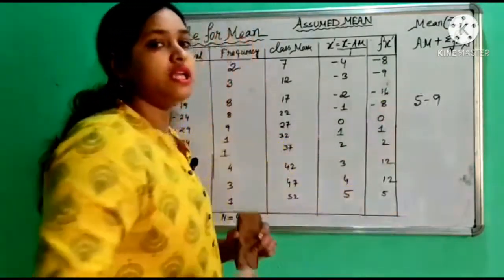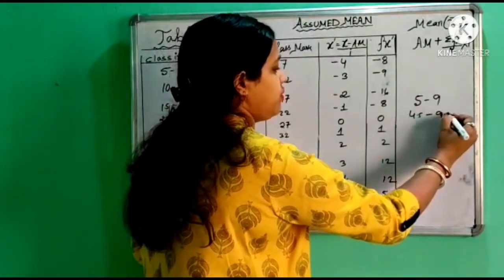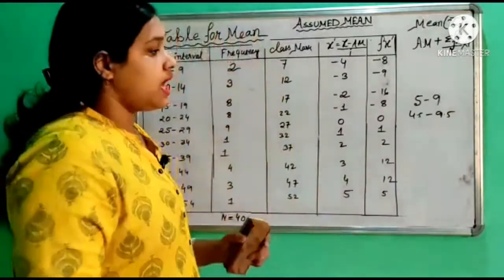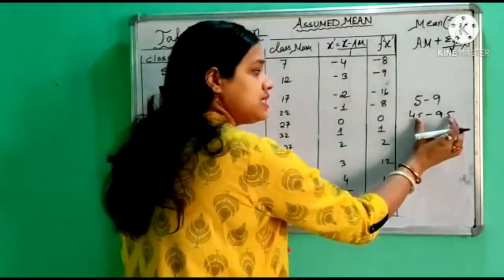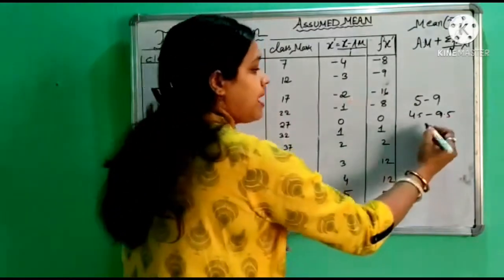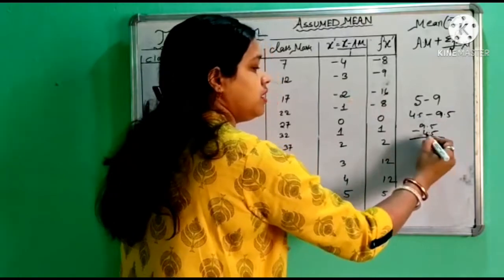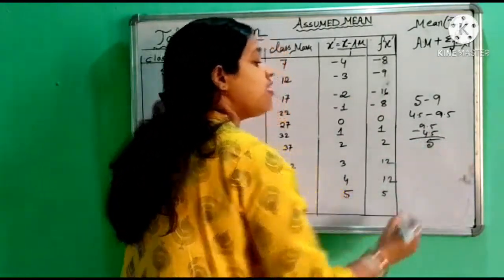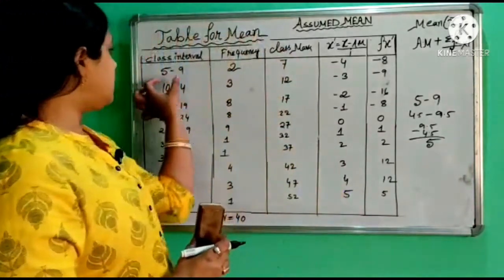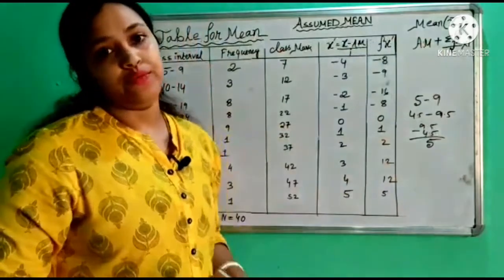If we transfer it to class boundaries, that means 4.5 and 9.5. If we subtract 4.5 from 9.5, we find our length of interval is 5.